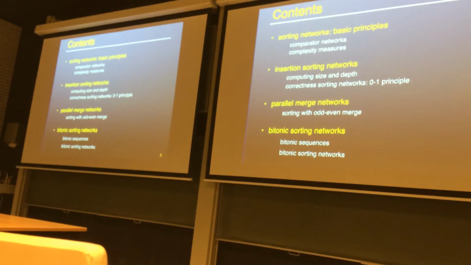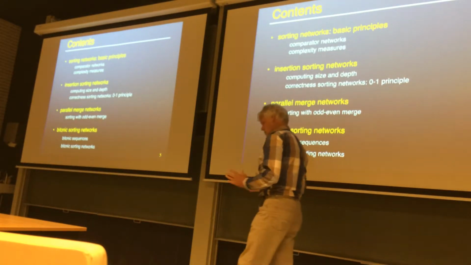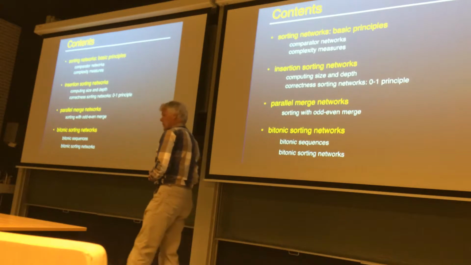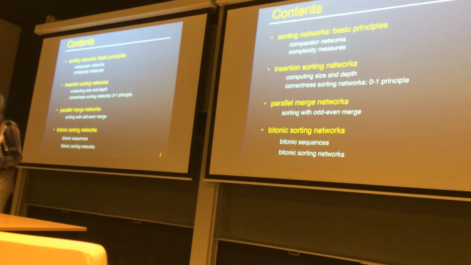Once you have two of them, we can show you how to achieve a new bitonic sequence as a kind of merge. And then, in the same way as we dealt with parallel merge networks, I will show you how we can build a sorting network that's capable of sorting in a bitonic way.